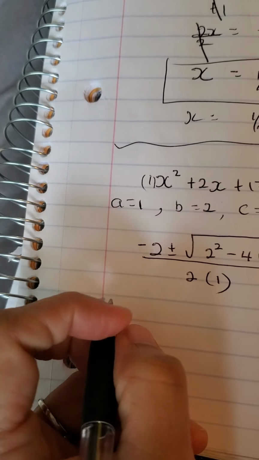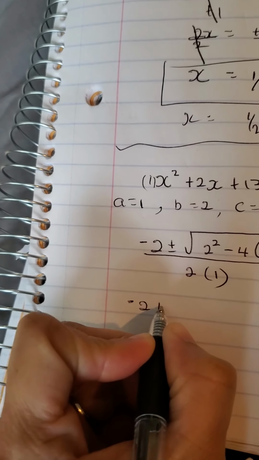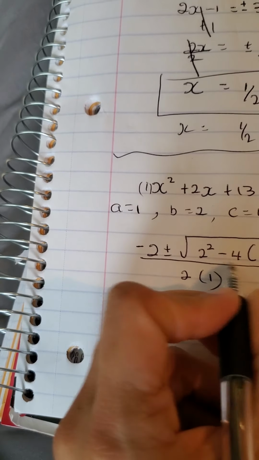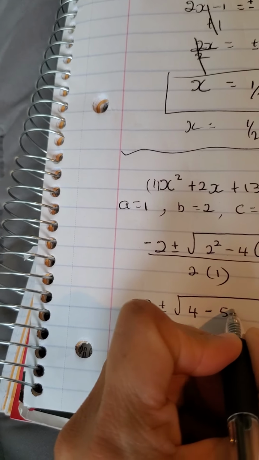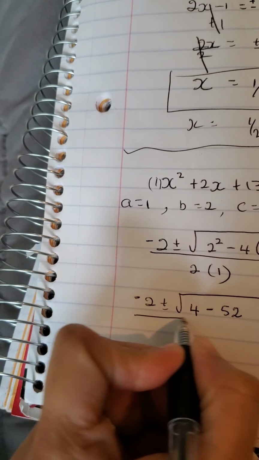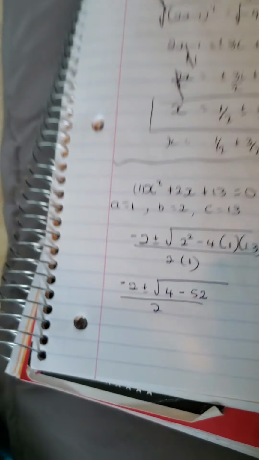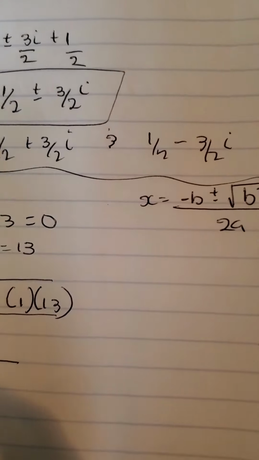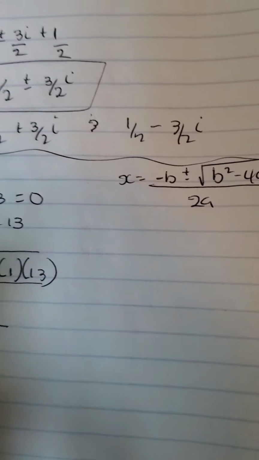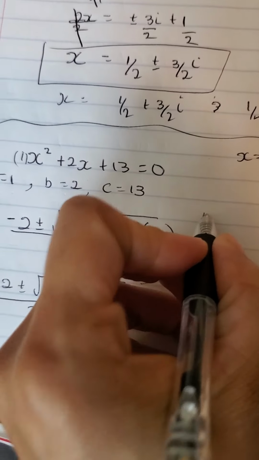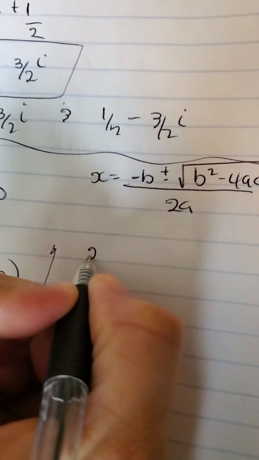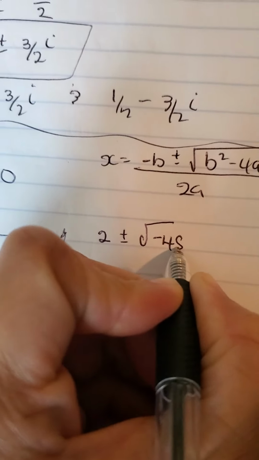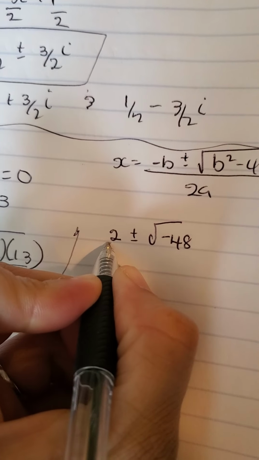So this is actually negative 2 plus or minus the square root of 4 minus 52, all over 2. All right, let's make sure we get some space. So from here, what do I have? Negative 2 plus and minus the square root of negative 48 over 2.